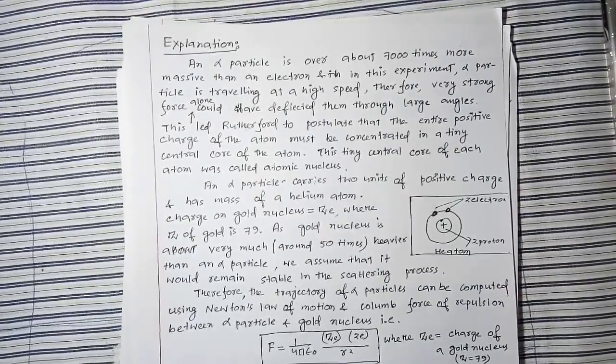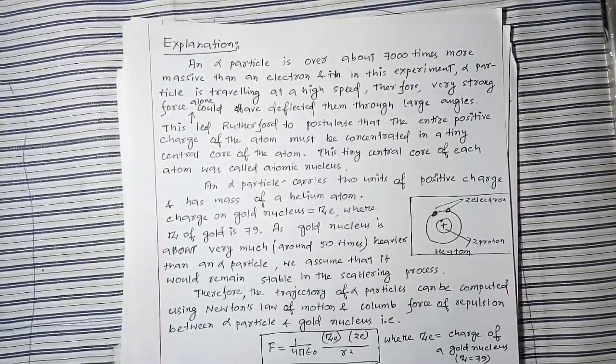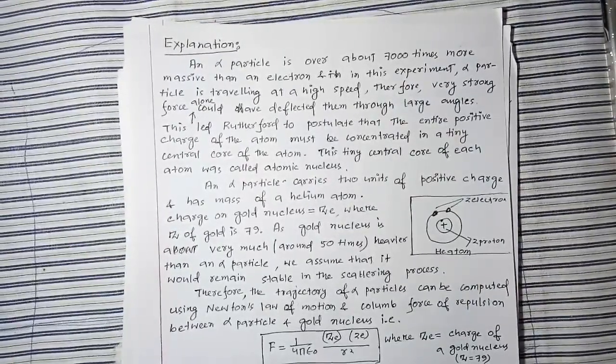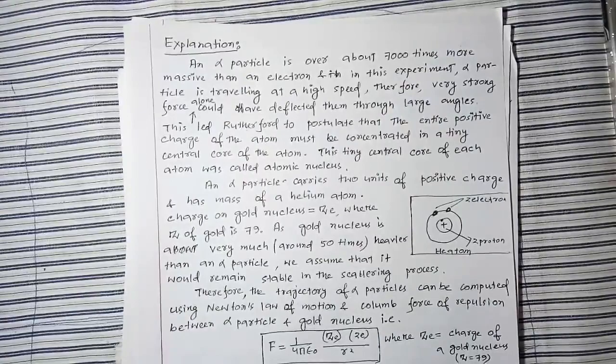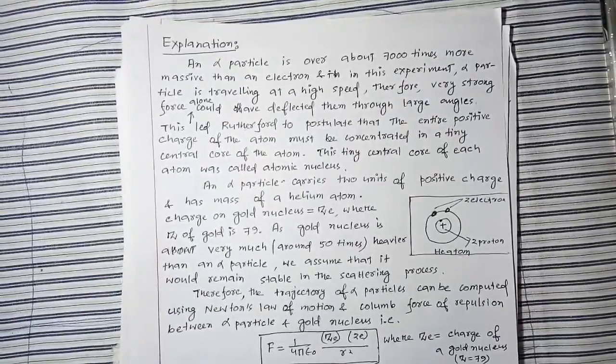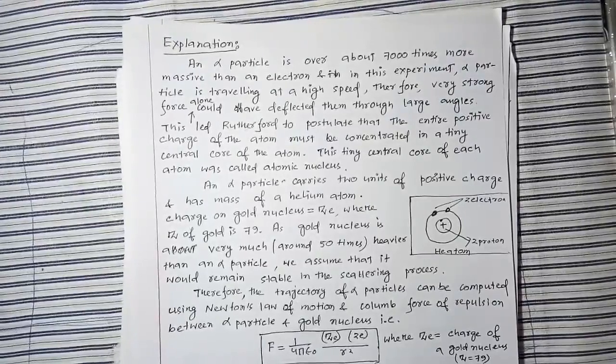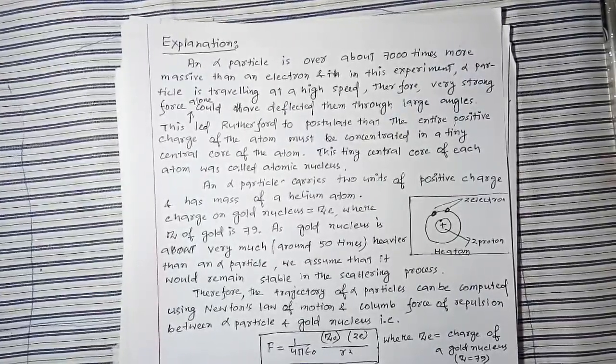First of all, they have a very high initial velocity, and they are very massive compared to the mass of an electron, okay?